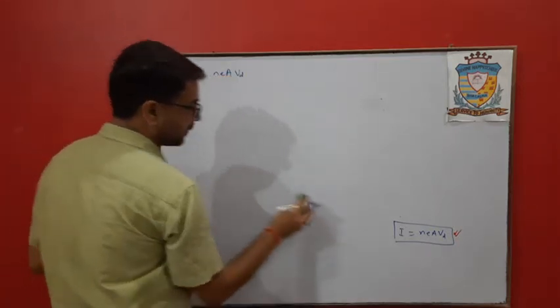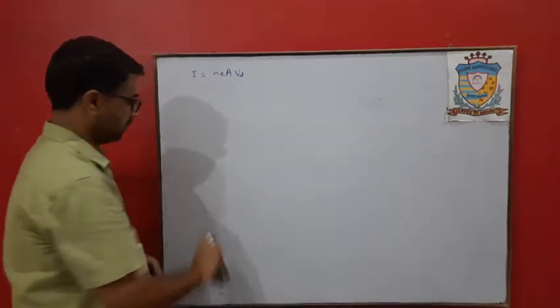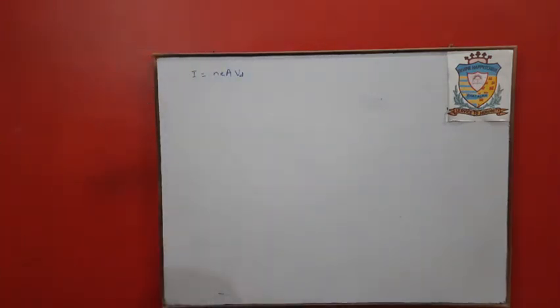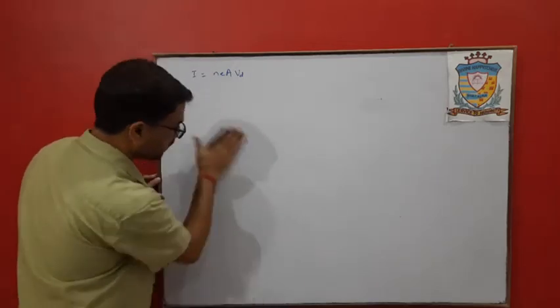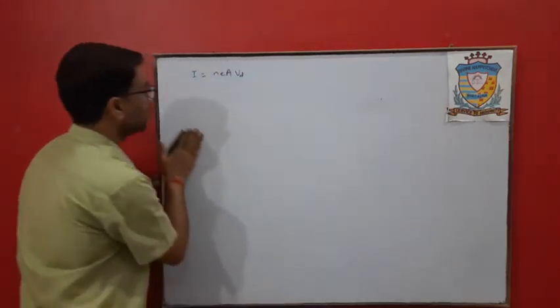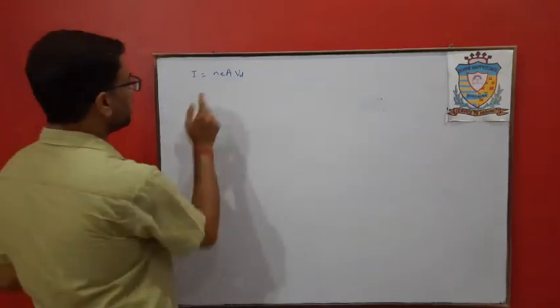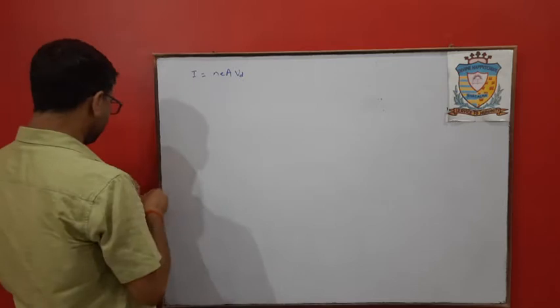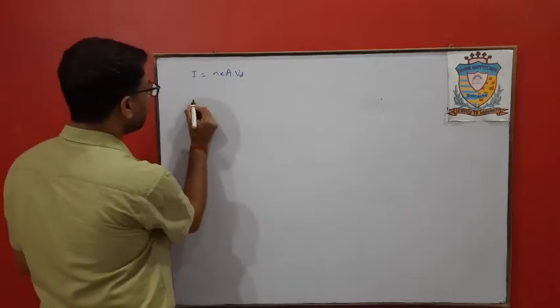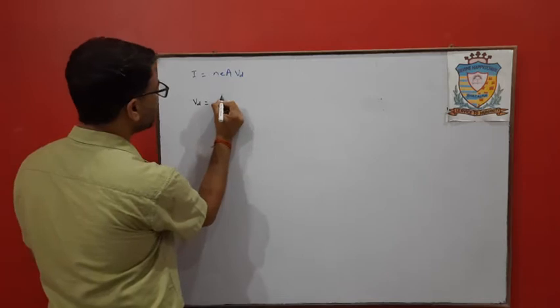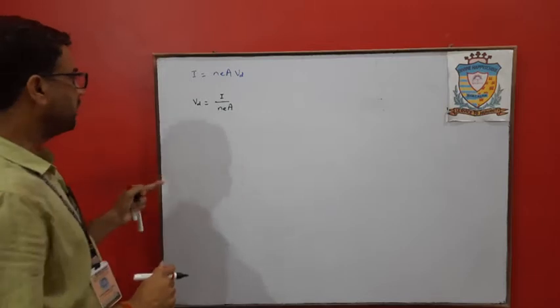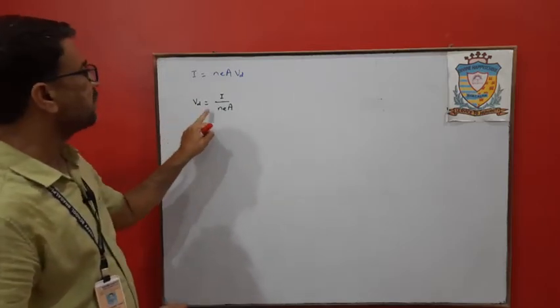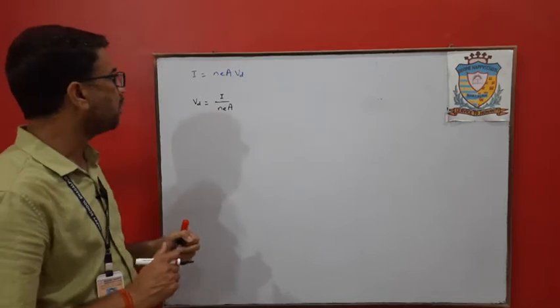From this relationship, if we want to find the value of Vd, the drift velocity can also be written as I upon N e A. So Vd is inversely proportional to the area of cross section.